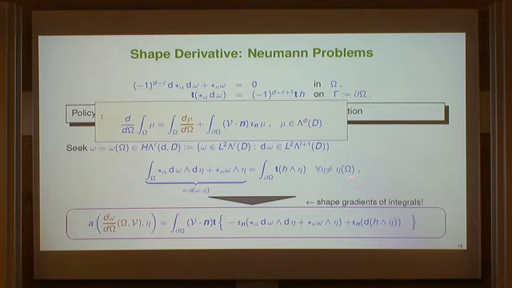This was, by the way, one reason why I mentioned that the spaces do not depend on omega here, because you can then choose the test function independent of the shape. When you differentiate this with respect to shape, then all that remains is shape derivatives of omega. And since everything is linear, you can just pull them in. And then on the left, from this term, we just recover the usual bilinear form for the shape derivative.